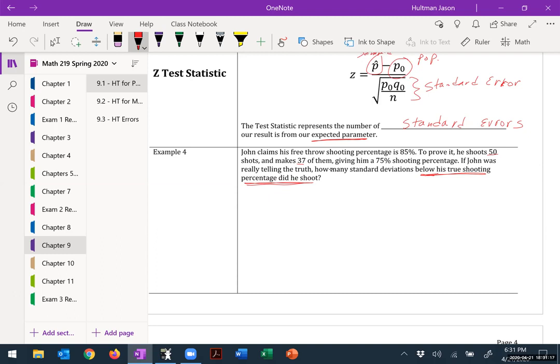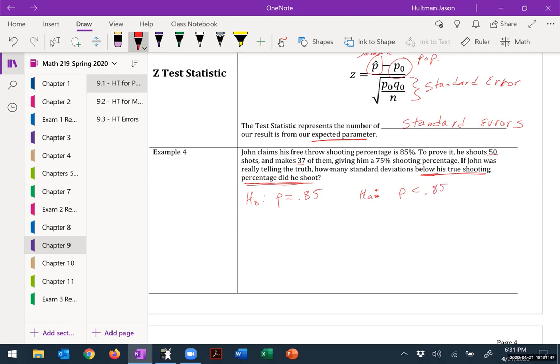So we're going to go to the null hypothesis here, which we found before, p equals 0.85. The alternative hypothesis is p is less than 0.85.